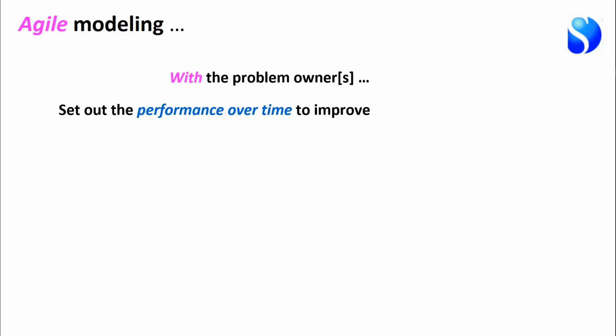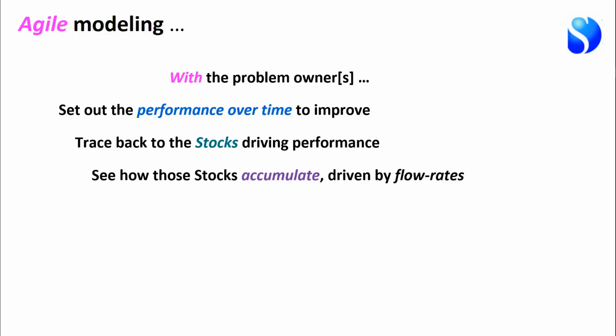The steps in this process: we start by setting out with the problem owner what the performance over time is that we're trying to improve. We trace back from that to what are called the stocks that are driving the performance, the customers driving sales, the staff driving service capacity and labour costs. We then look at how those stocks are accumulating and depleting over time, driven by what are called the flow rates.